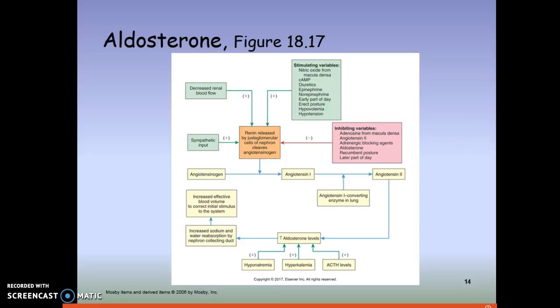And it's potassium, all right? Too much potassium will cause an increase in aldosterone levels. Too little sodium, increased aldosterone levels to cause the kidneys to hold on to sodium and water. Again, overall effect of aldosterone, increase effective blood volume. That will then really affect or increase blood pressure.